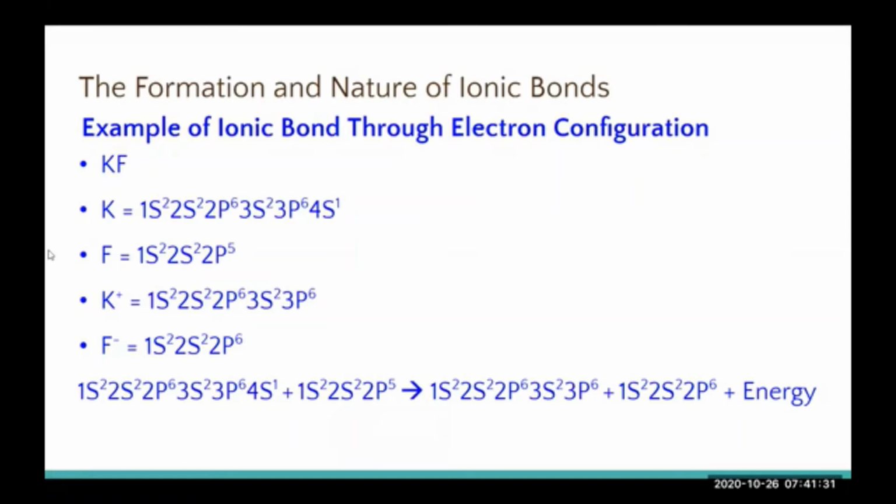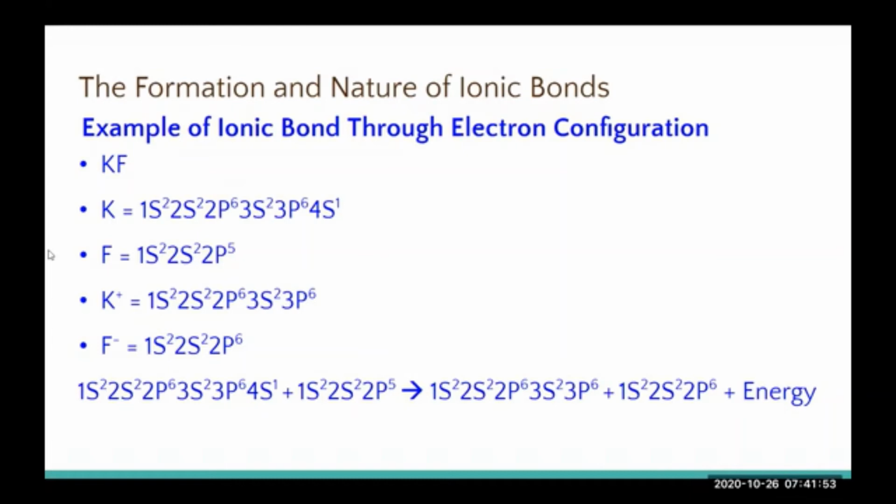If you were to do this in noble gas notation, that would be argon, which is 1s2, 2s2, 2p6, 3s2, 3p6, so argon, 4s1. Fluorine, on the other hand, is 1s2, 2s2, 2p5, or in noble gas notation, helium, 2s2, 2p5.